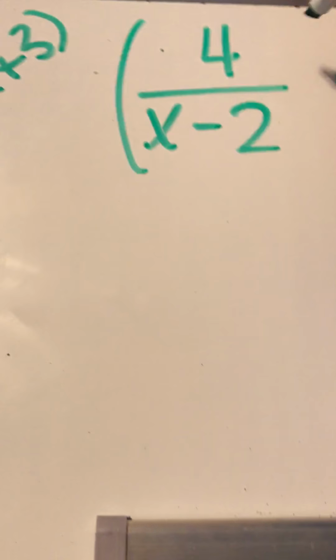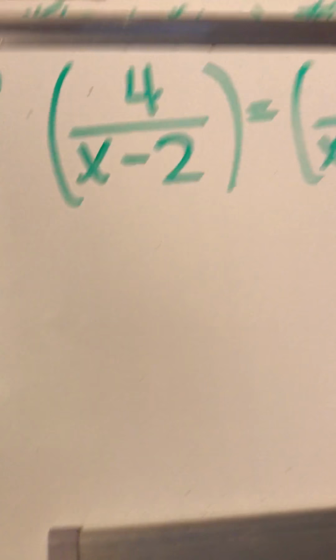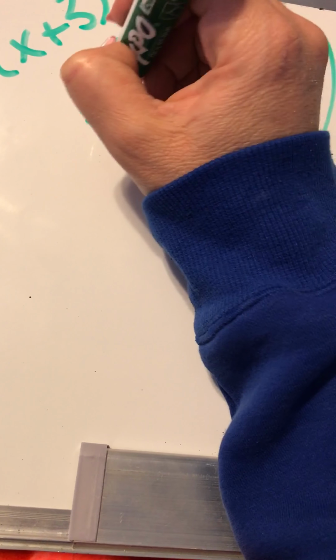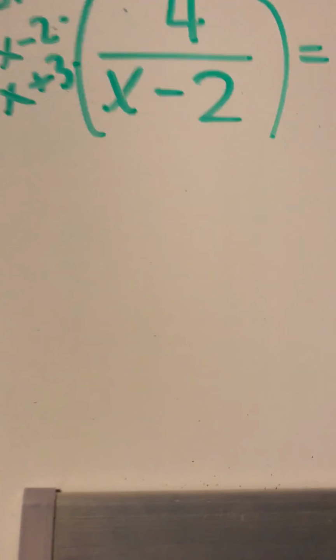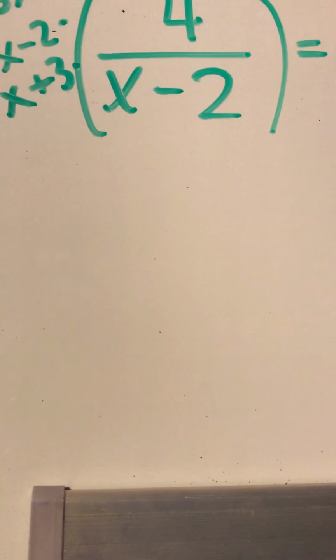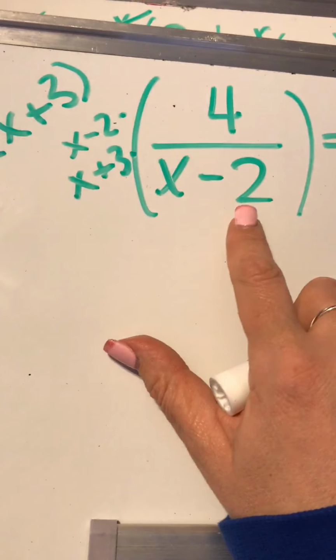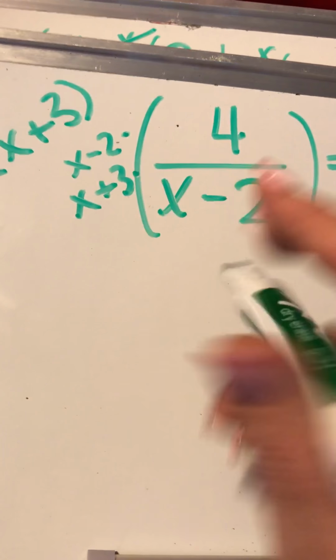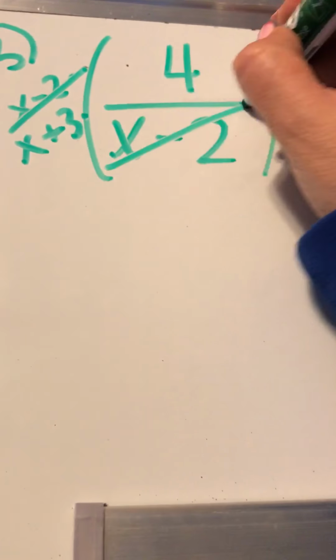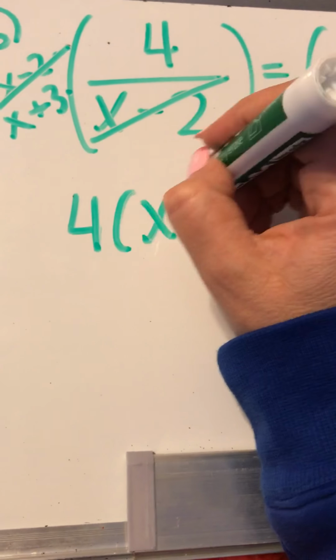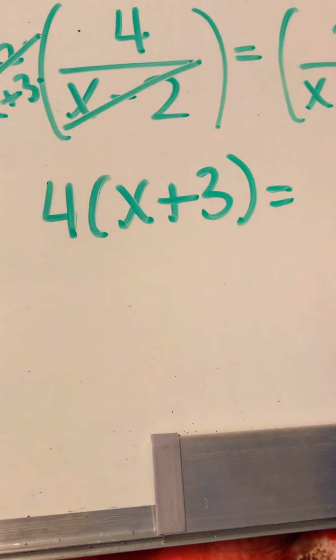So we need to multiply both sides of our equation by x minus 2, x plus 3. When we multiply this side by x minus 2, x plus 3, these are going to cancel out, and we're left with 4 times x plus 3.